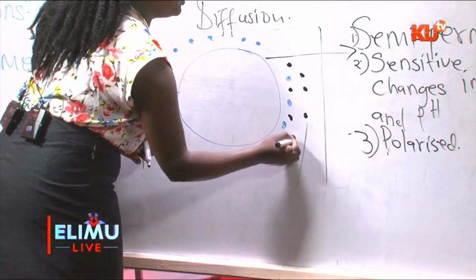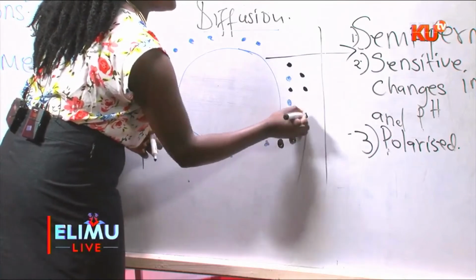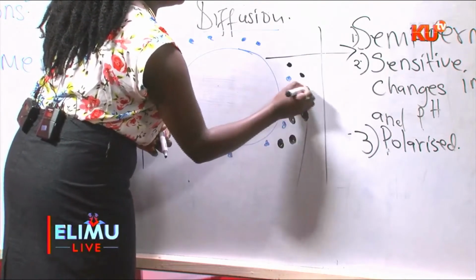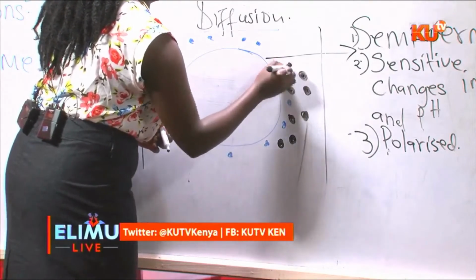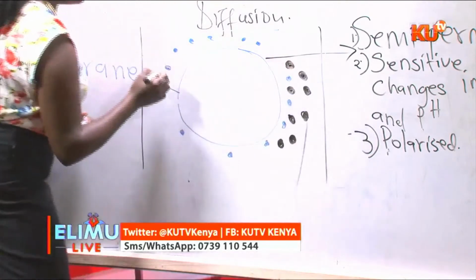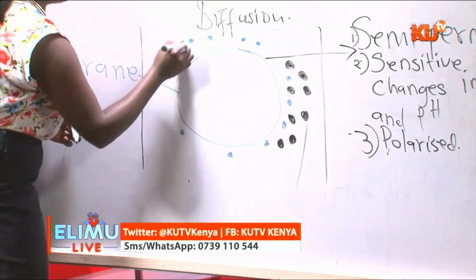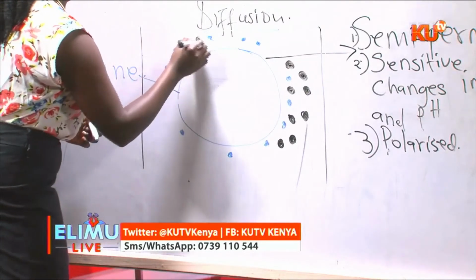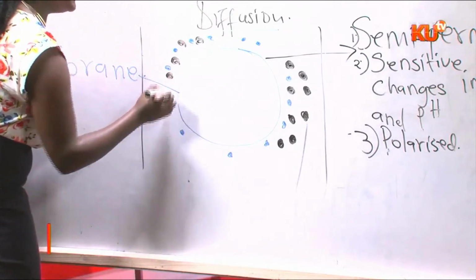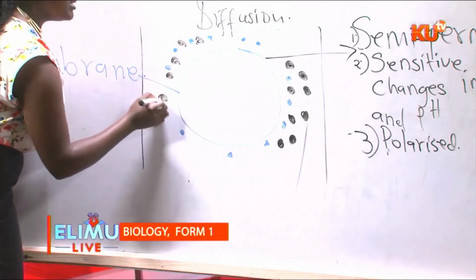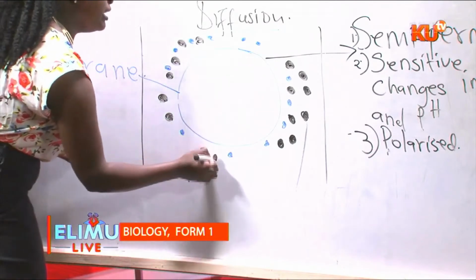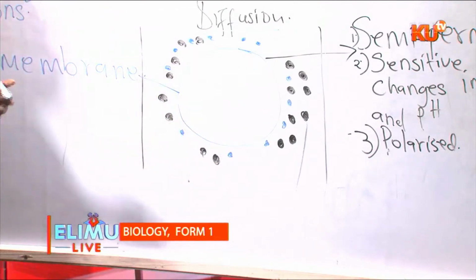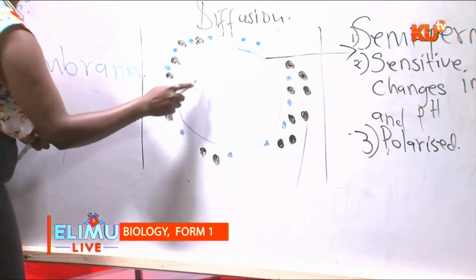So the sugar molecules are bigger in size than the water molecules. We are representing sugar with the black dots, and they are bigger in size. Because of this size of the sugar molecules, the cell membrane will only allow water molecules to pass through.